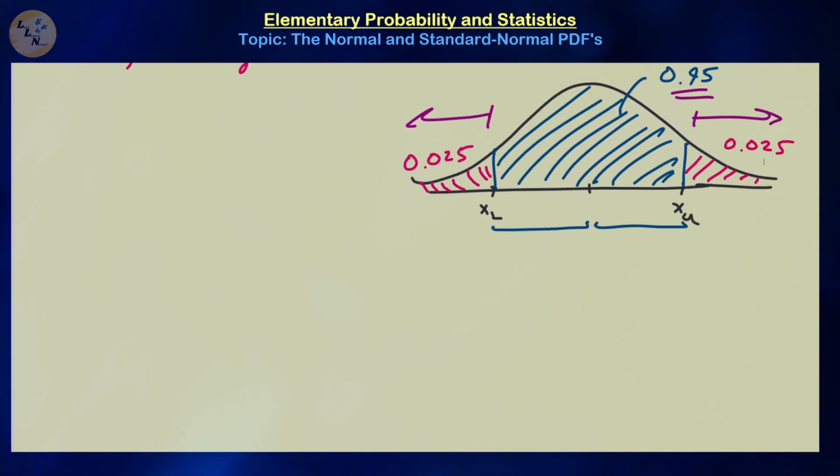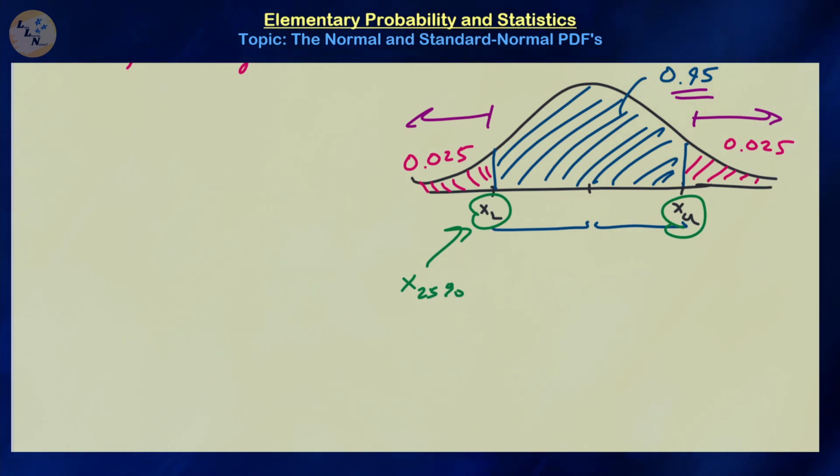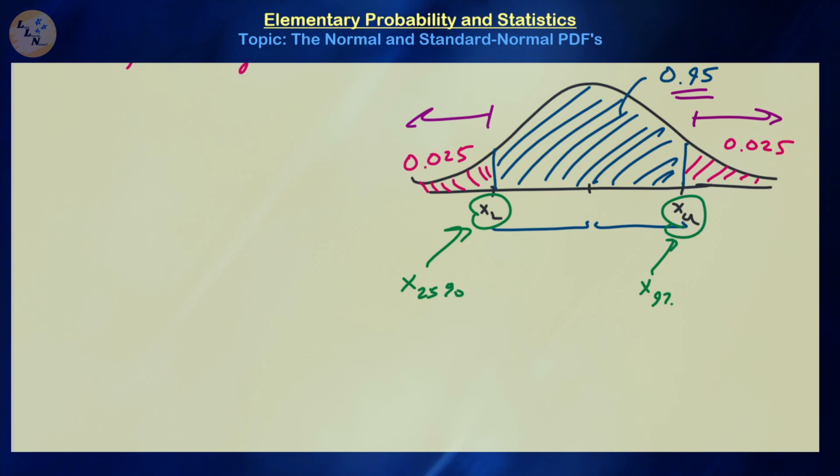So in terms of percentiles, what is XL? Well, XL is precisely going to be equal to the 2.5th percentile, right? And what about the upper bound? So we have 95% of the data and 2.5% of the data to the left of it. So that's just going to be the 97.5th percentile, right?